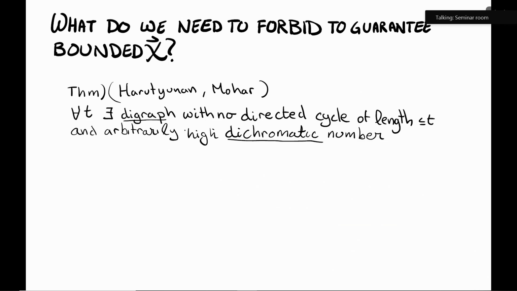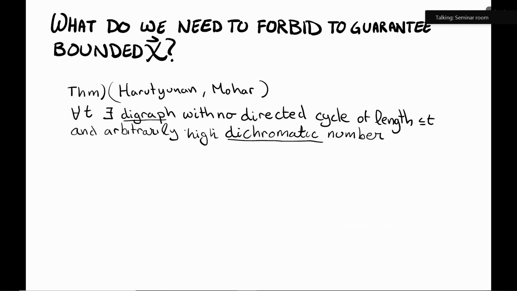And so there's a theorem of Harutyunyan and Mohar that's essentially the digraph equivalent of the Erdős theorem of high girth and high chromatic number. Actually, there's a typo in this slide. They proved a much stronger statement.